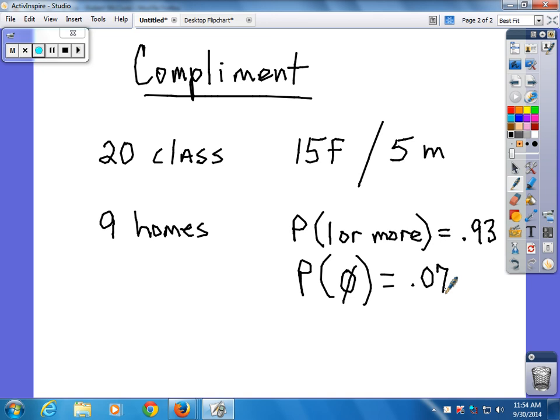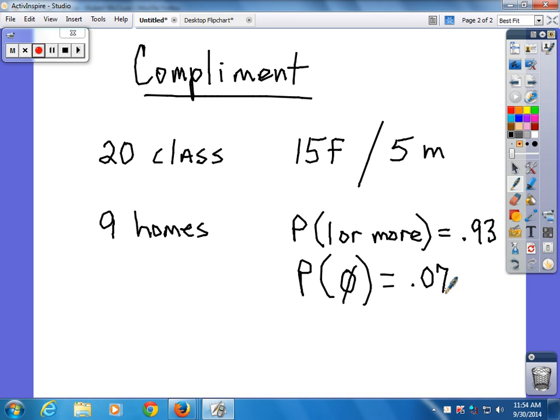And the way you know that is because what's 1 or more? 1, 2, 3, 4, 5, 6, 7, 8, 9. What's the only number that's not represented? 0. So if the probability of 1 or more is 0.93, then what's the probability of the only number not showing? 1 minus 0.93 is 0.07. It's the complement of 1.